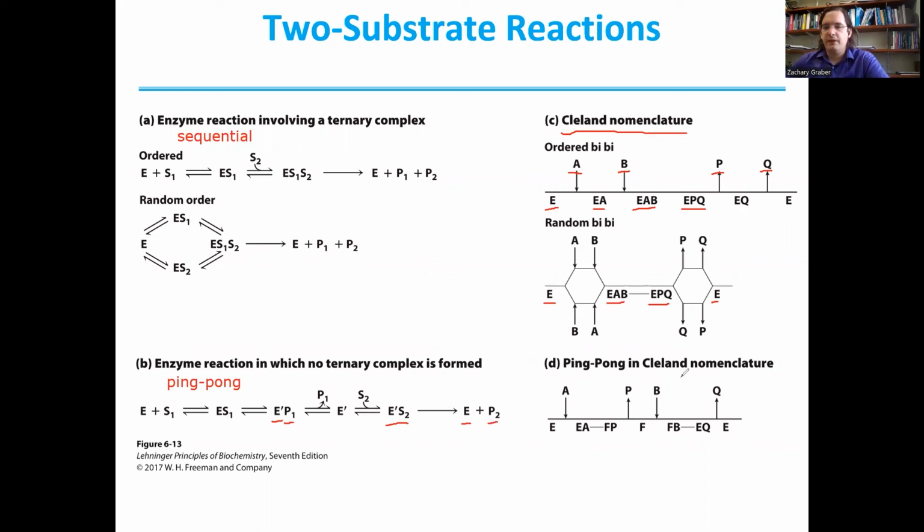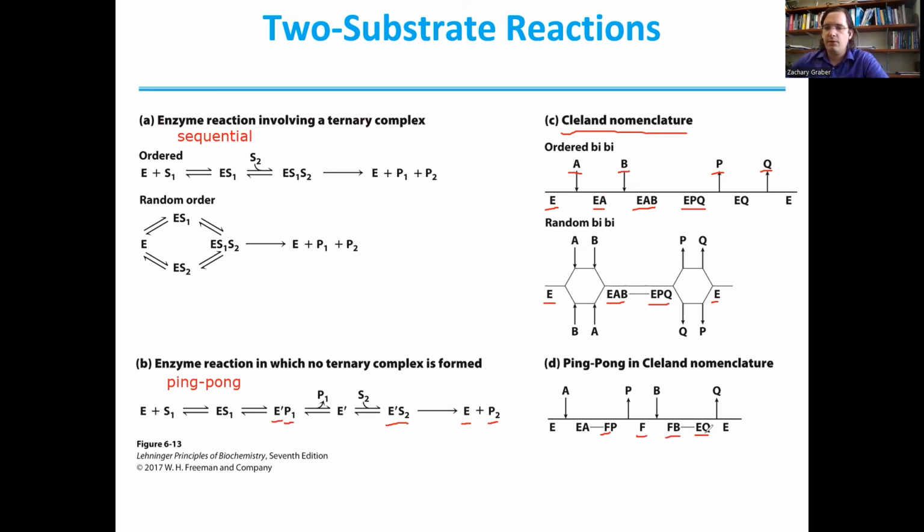We would represent this in Cleland nomenclature in a similar way to our sequential mechanisms. So we have the first substrate coming in. Now, when we react our enzyme, we use the next letter in the alphabet, F, to represent our modified enzyme. So we get FP. P is released to produce our F, our modified enzyme. B comes in and binds to our enzyme as our second substrate.